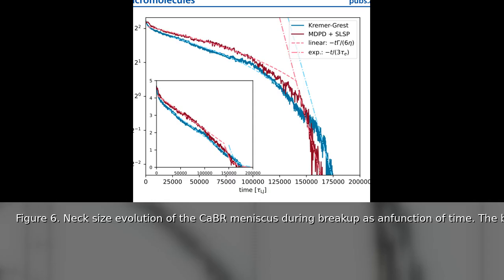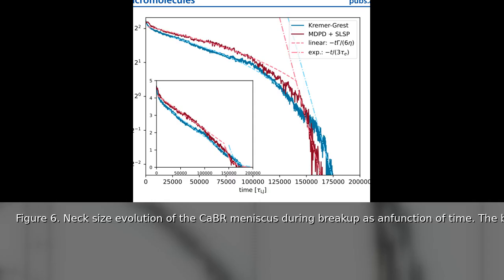Relaxation times extracted from fitting these exponential decays are very similar, with the SLSP model's entanglement time approximately 1.19 times 10 to the power of 4 LJ time units, and the KG model's about 1.27 times 10 to the power of 4.